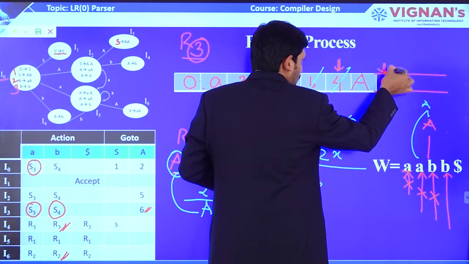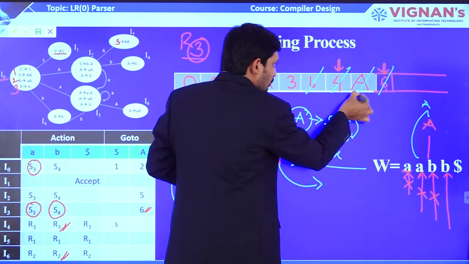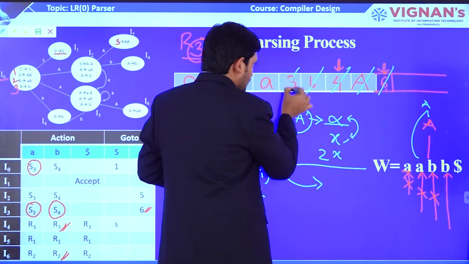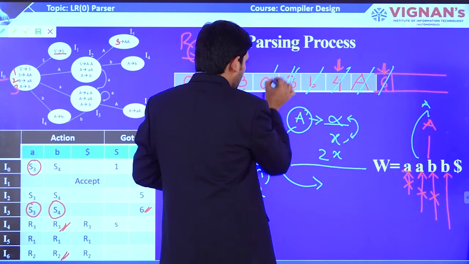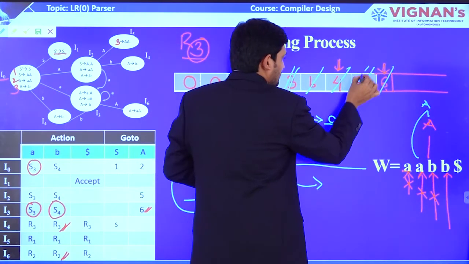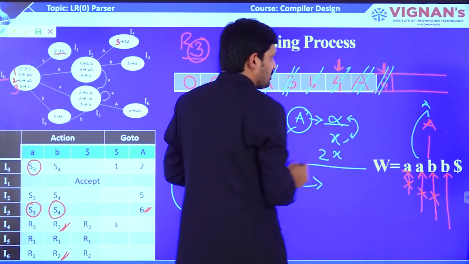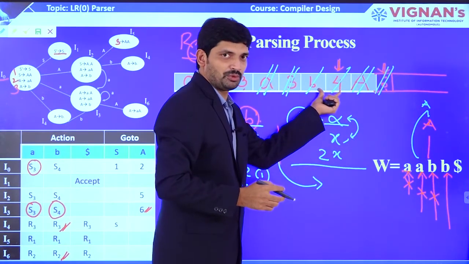So 1, 2, 3, 4. This is the second time I perform the pop operation, and these are the first time we performed the pop operation.